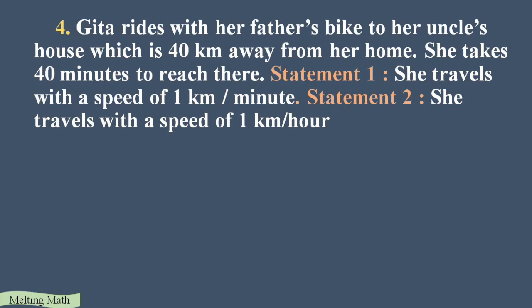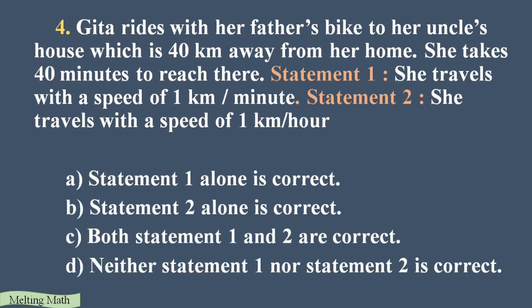Statement 1: She travels with a speed of 1 kilometer per minute. Statement 2: She travels with a speed of 1 kilometer per hour. Here we have to find the speed.